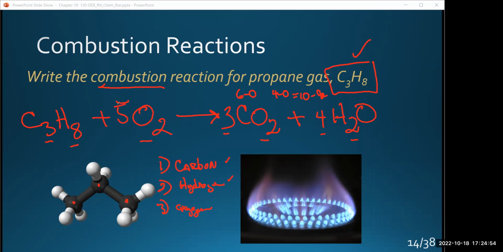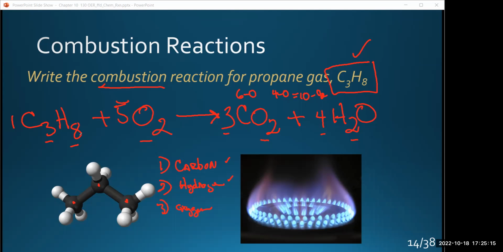Notice the ratio of propane to oxygen. You need 5 molecules of oxygen to burn 1 molecule of propane. And when these hydrocarbons get bigger in size, you need a lot more oxygen to burn that stuff off.